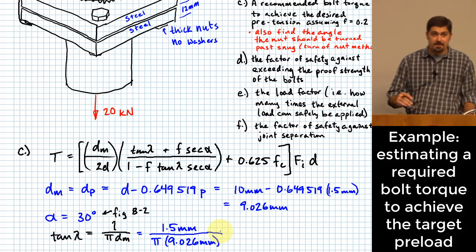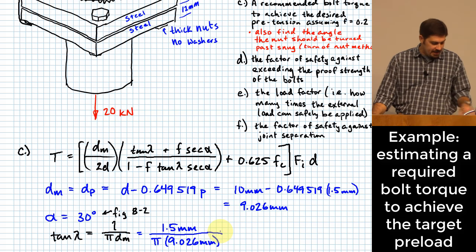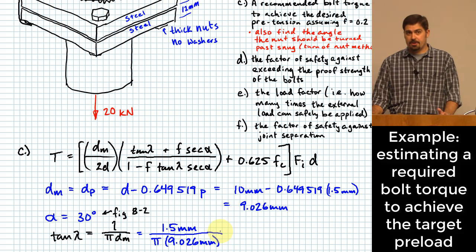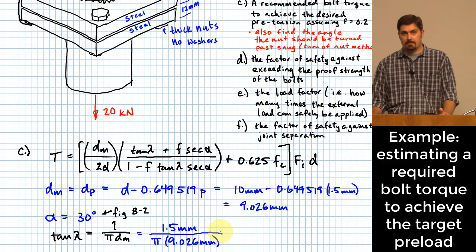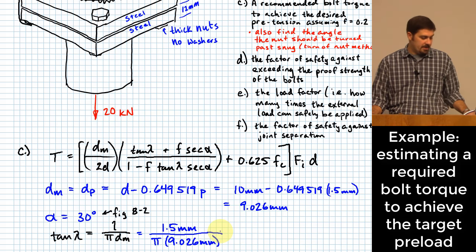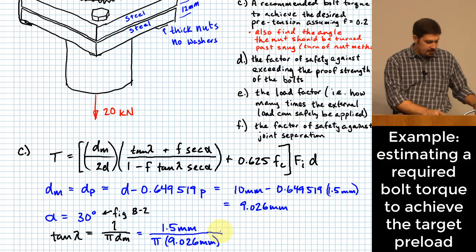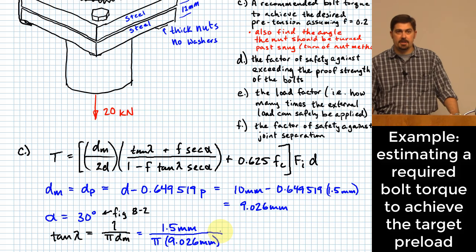I don't remember where it is off the top of my head. But basically the idea there is that when you have one thread, lead is equal to pitch. If you have two threads, lead is equal to 2 times pitch. All right, so it's an argument that can be made straight from just the geometry of how the threads are built. You take the number of threads you have and multiply it by pitch, and that'll give you the lead.